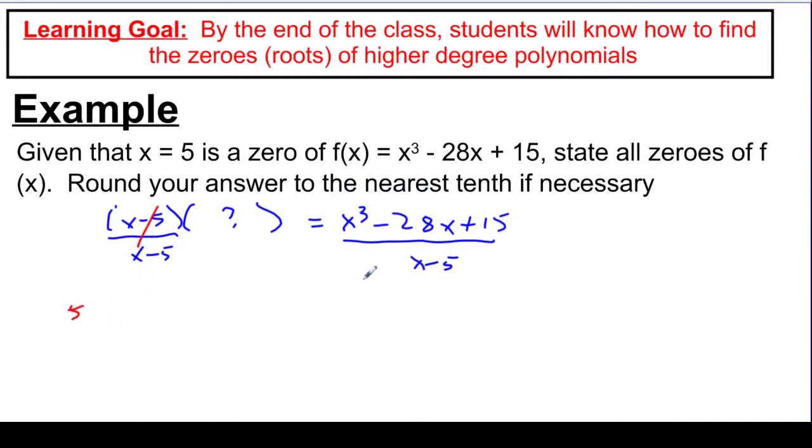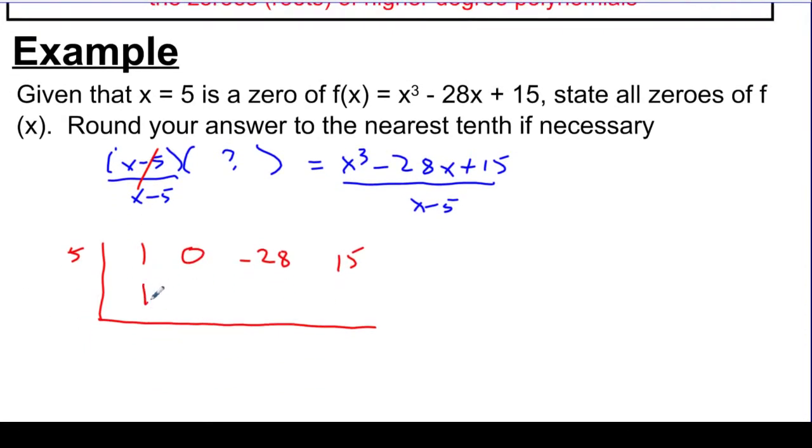I'm going to put the 5 on the outside. Remember, we're finding what makes the divisor equal 0, in this case 5, and I'm going to set up my synthetic division symbol. I'm going to be careful. I'm missing x squared in my numerator, so I'm going to put a 0 for the x squareds, negative 28, and 15.